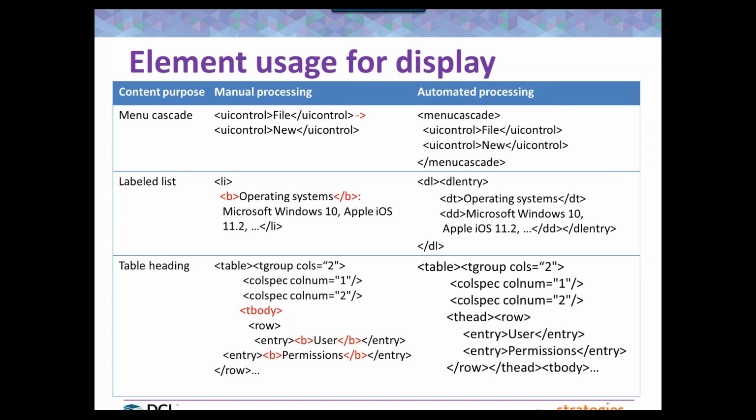And table headings. You'd be surprised how many folks just don't put in table headings. Instead, they manually create the heading row within the body. Do yourself a favor, use the thead row, because that lets the processing know, hey, this is a heading.